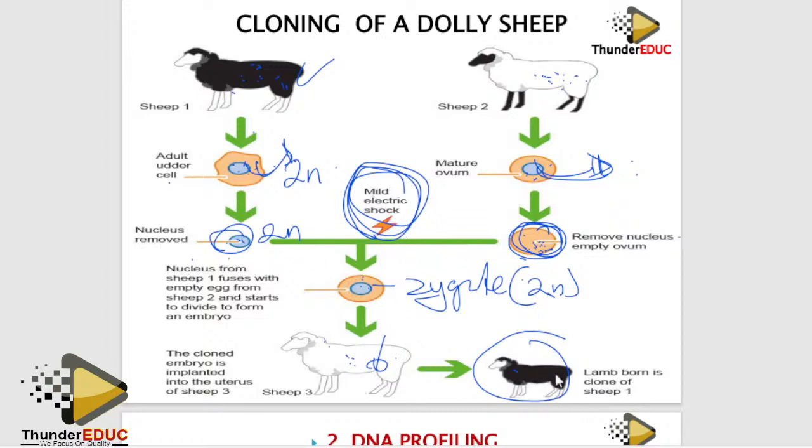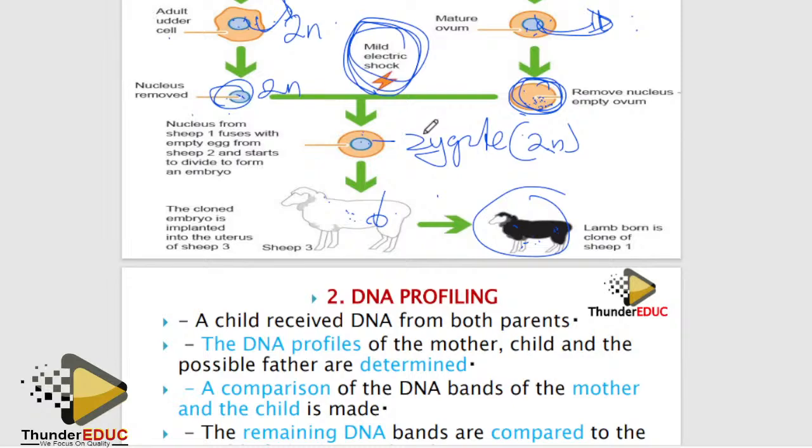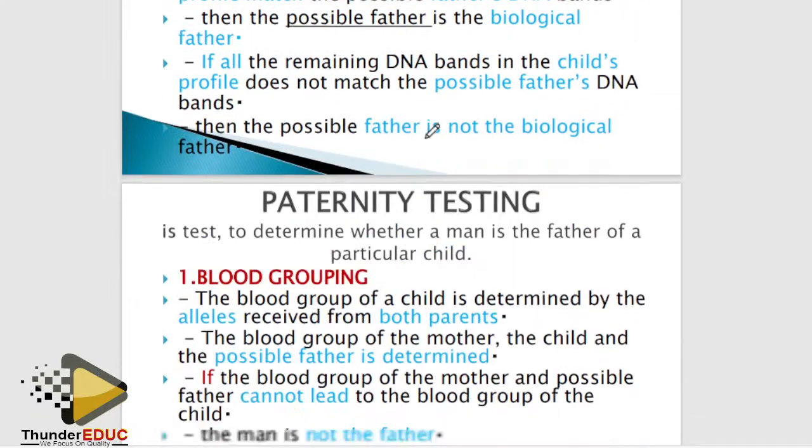And which of these two sheep will this one resemble? It's sheep 1. Give a reason for your answer: because we used its nucleus, or the genetic material, to produce the sheep. So when they ask you such questions, they're not that difficult. You will be able to answer and get it right.